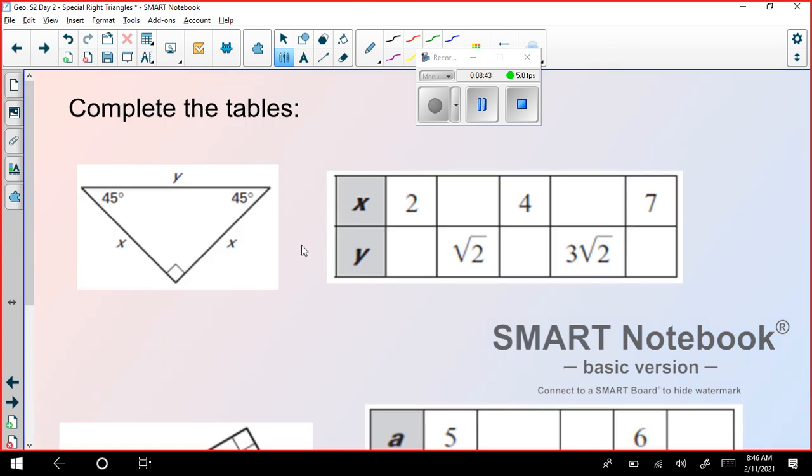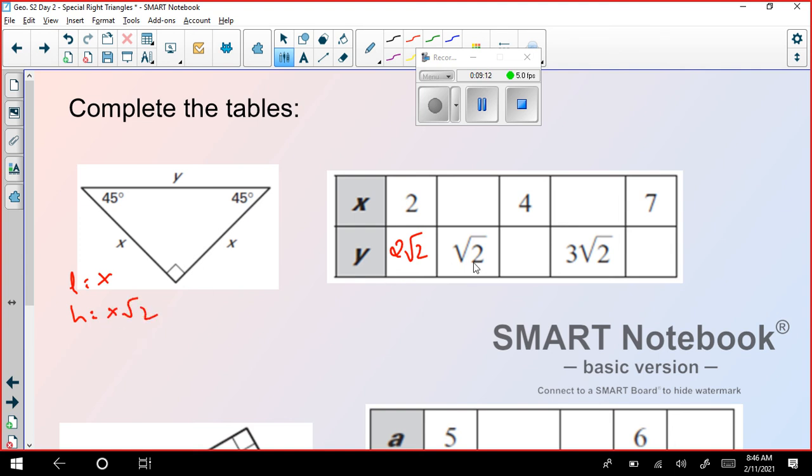Okay, complete the table. I'll do this one. If x is 2, then y is going to be 2 root 2, right? Because in a 45-45-90, if the leg is x, the hypotenuse is going to be x times root 2.